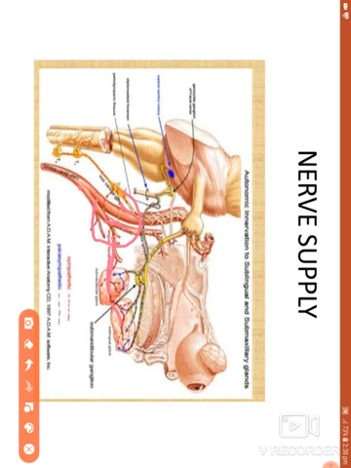The sympathetic drive reduces salivary secretions and reduces the blood flow through the salivary gland. So the nerve supply is autonomic, consisting of sympathetic and parasympathetic.